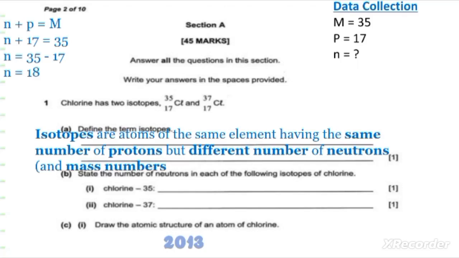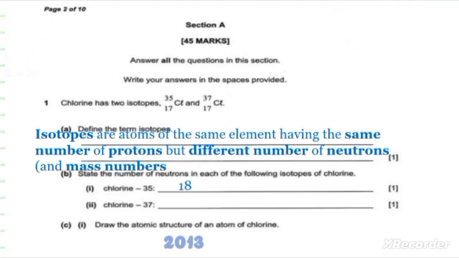So 18 is the number of neutrons of chlorine 35. Let us also find the number of neutrons of chlorine 37.